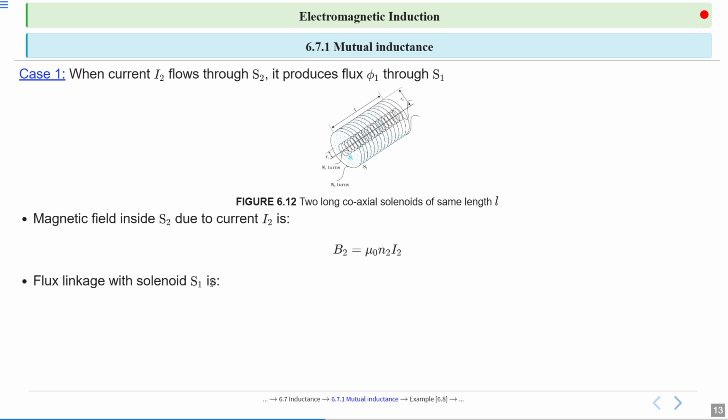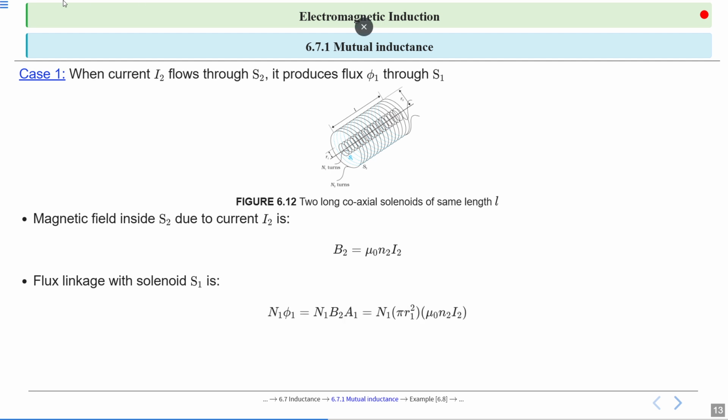So flux linked with the solenoid S1. S1 is not carrying any current for now, only S2 is carrying current I2. So the magnetic field inside the solenoid S2 is also inside S1. So flux linkage with the solenoid S1 will be B2, the magnetic field produced by S2, into the area of cross section of S1.